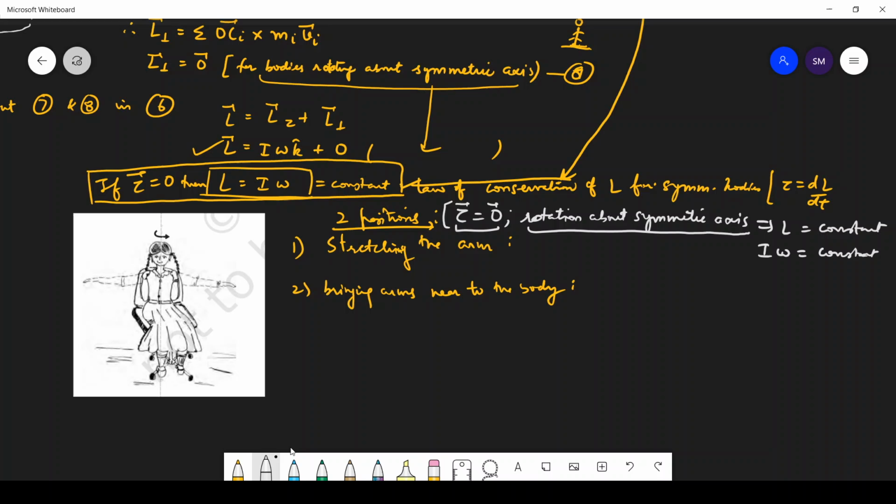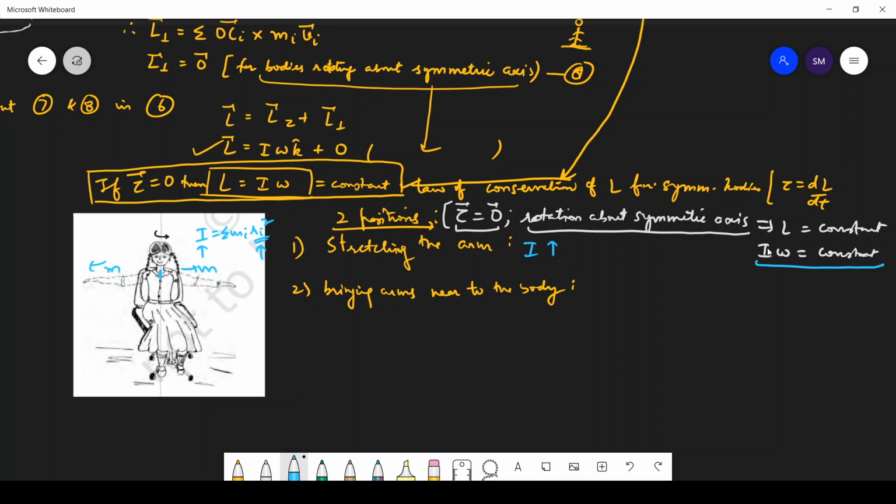So what will happen if you stretch the arms? The mass is going away from the axis. The moment of inertia is sigma m_i r_i squared, so it is directly proportional to the square of the distance from the axis of rotation. Mass is constant, but you are increasing r_i, so the moment of inertia will increase. But I omega is constant.